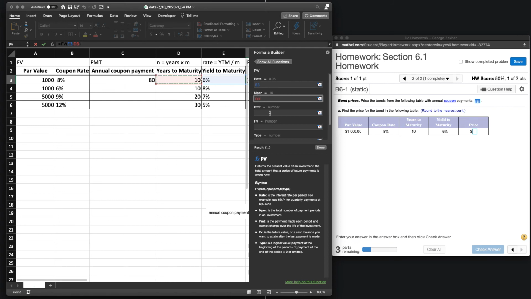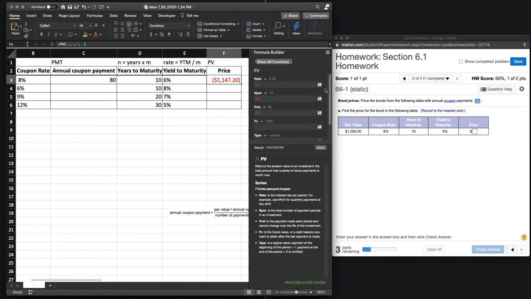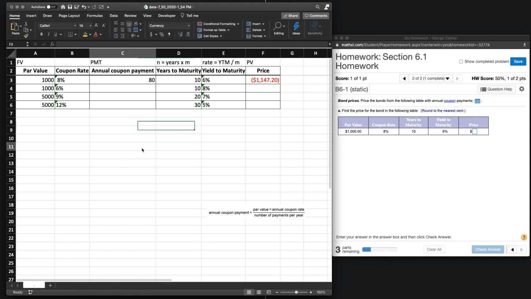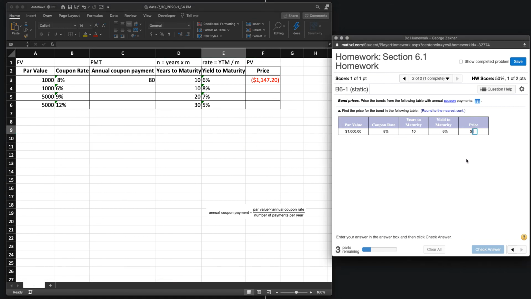Future value is 1,000, and that should do it for us. So we've calculated the price of the bond for part A. We'll punch that in. Okay. We'll continue.